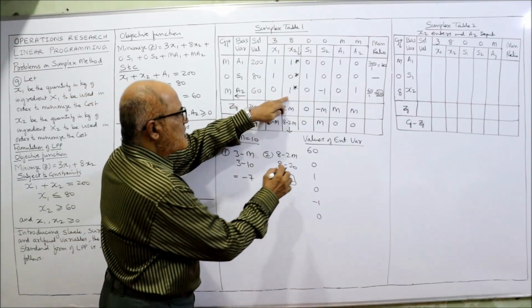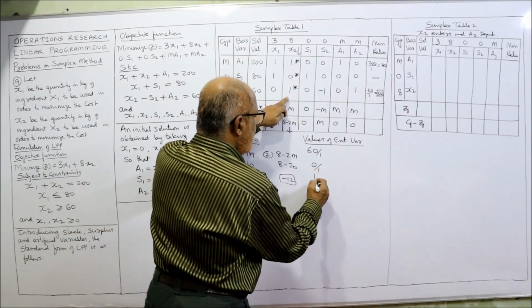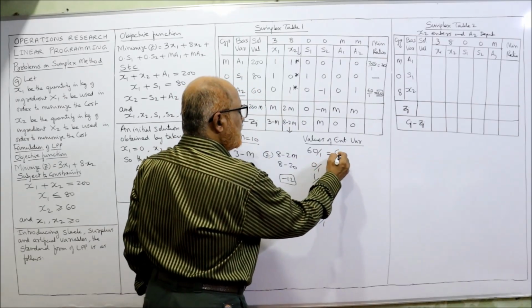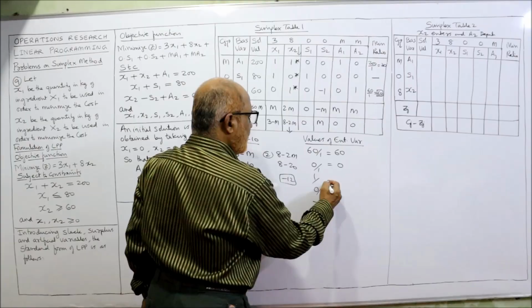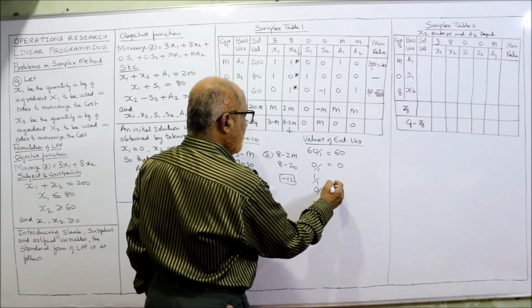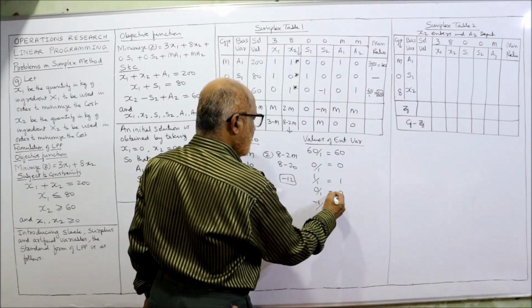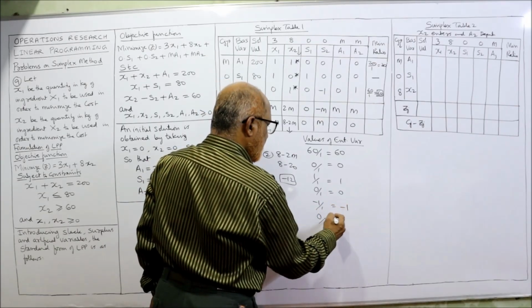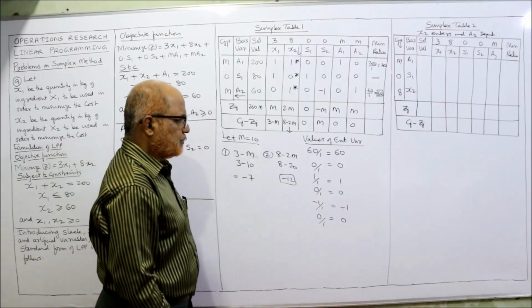Divided by, what is the intersectional element? 1. Divided by 1: 60 by 1 is 60, 0 by 1 is 0, 1 divided by 1 is 1, 0 by 1 is 0, minus 1 divided by 1 is minus 1, and 0 by 1 is 0.